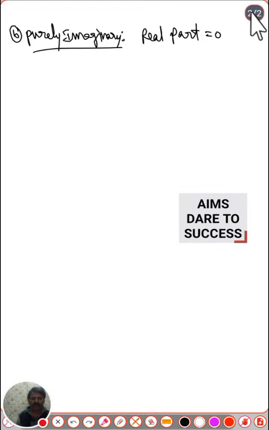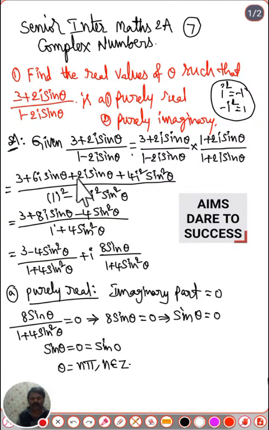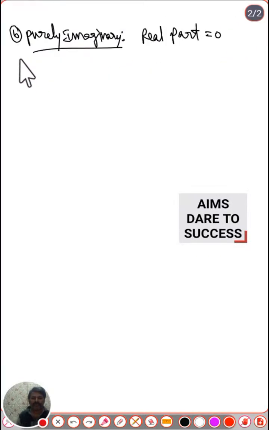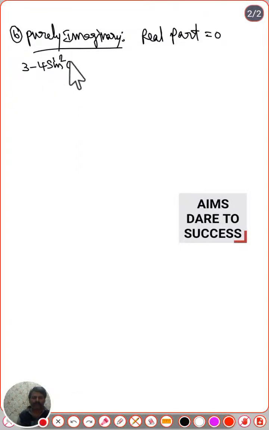What is the real part from this? It is (3 - 4 sin square theta)/(1 + 4 sin square theta), and this is equal to 0.